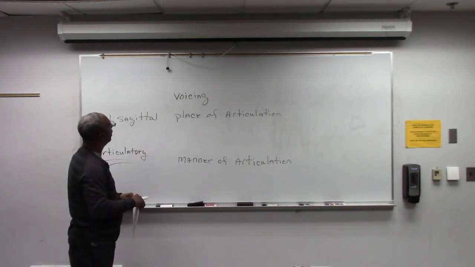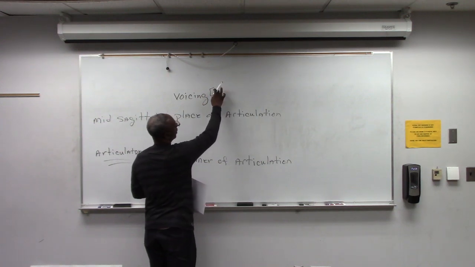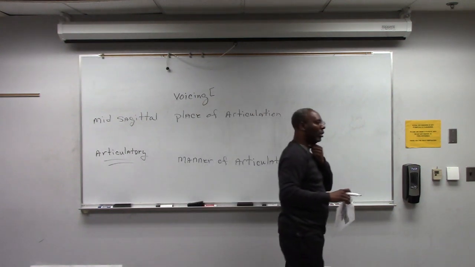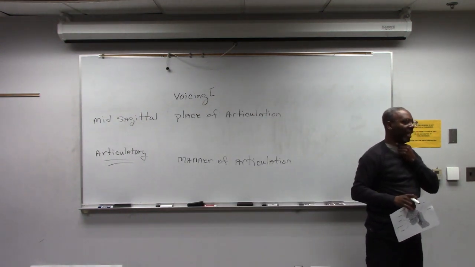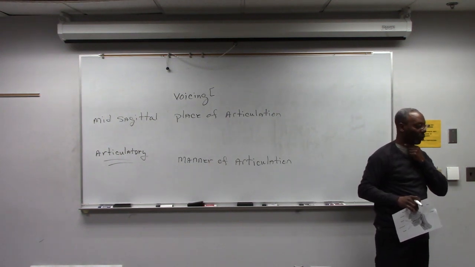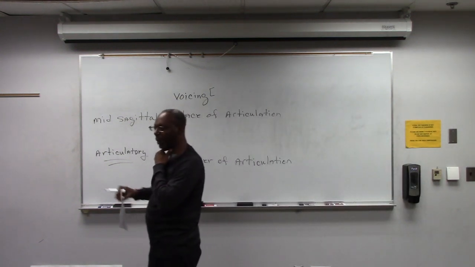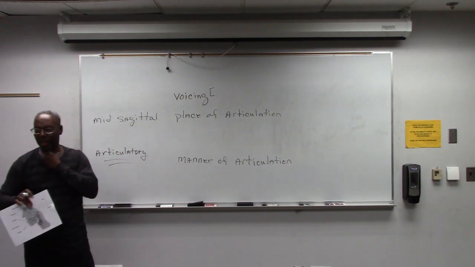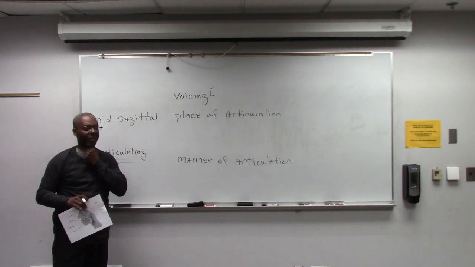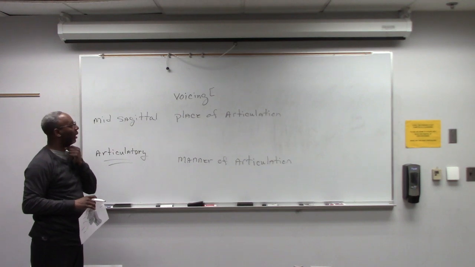Voicing can be explained in two separate units. If we touch our throat and say the sound of an S, we don't feel any vibration of our vocal cords. Now, if we contrast that with the sound of Z in zoo, we feel our vocal folds vibrate.